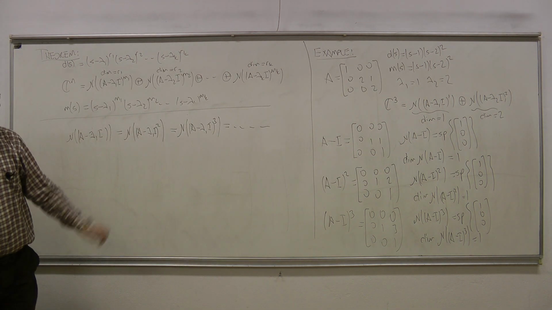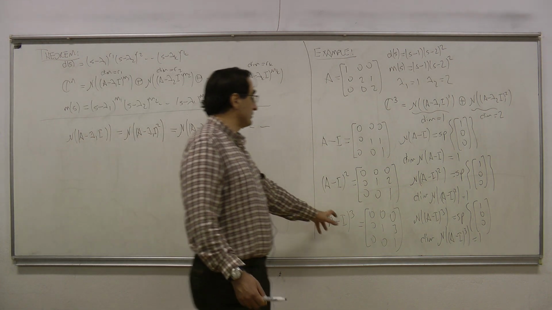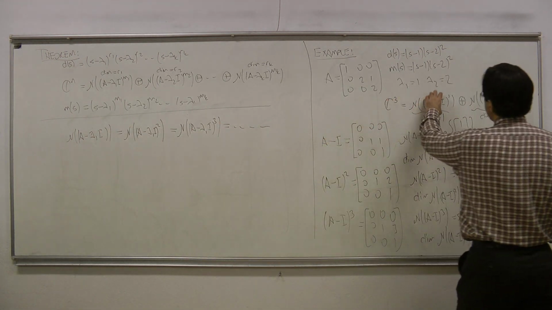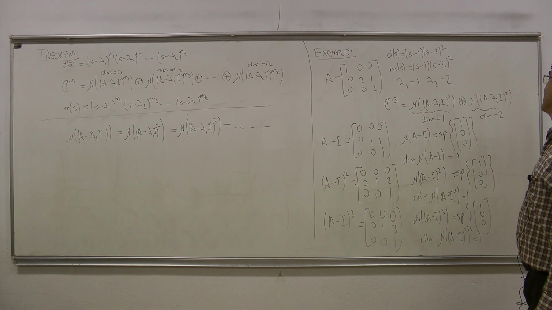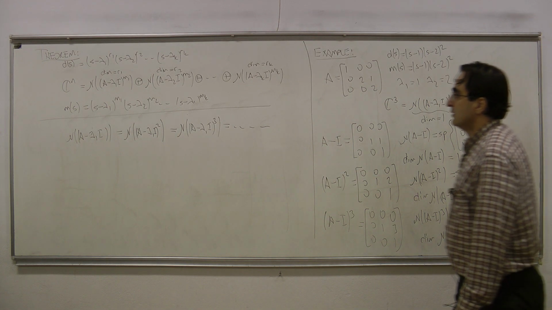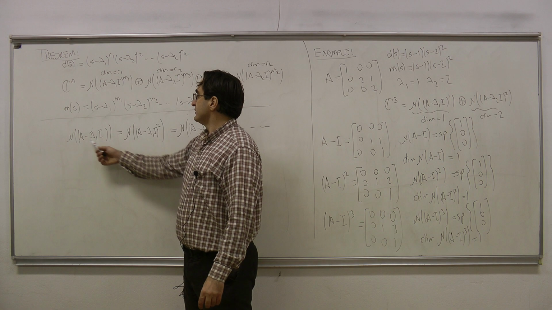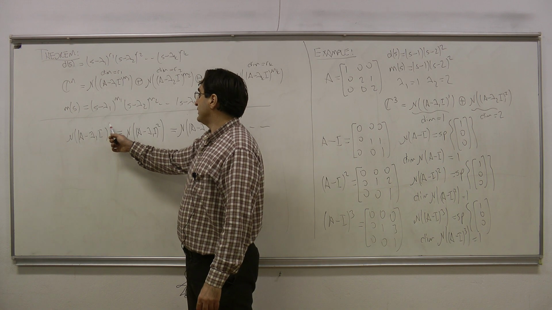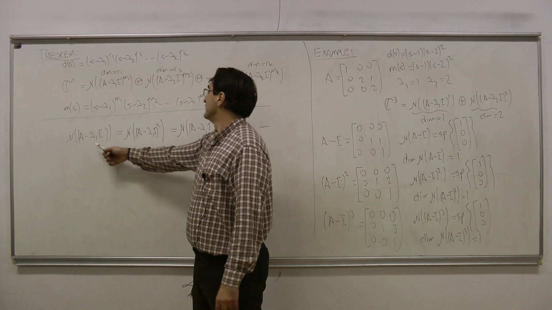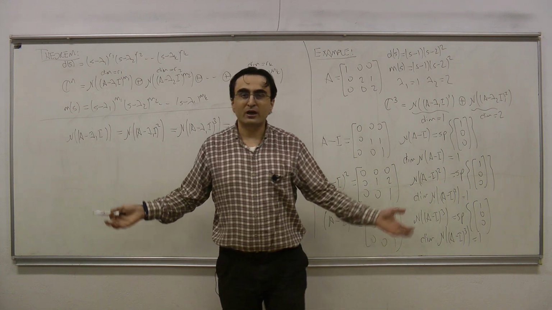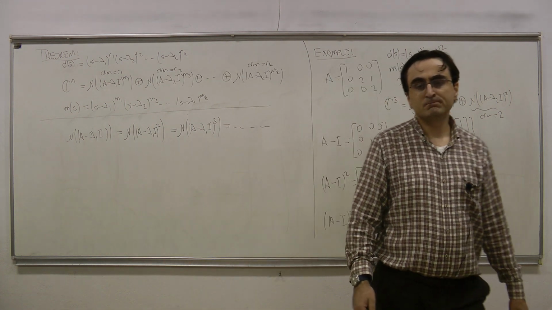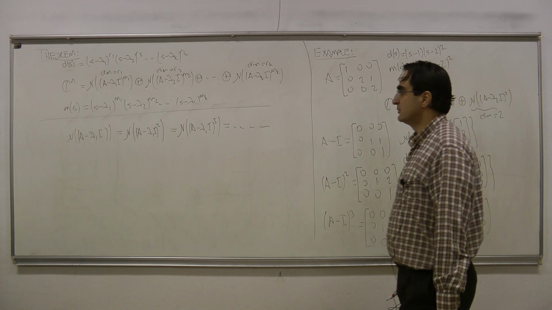So for the first null space, of A - λ₁I, I start with an eigenspace. This is my eigenspace. And when I take the square and cube of the matrix, the null spaces do not change at all. Nothing changes in the null space.